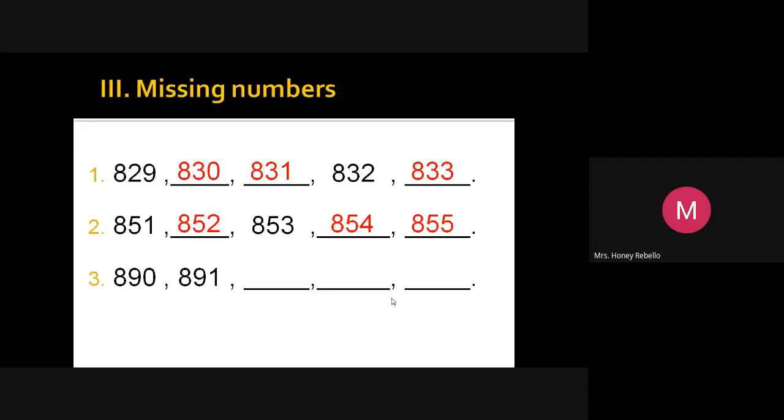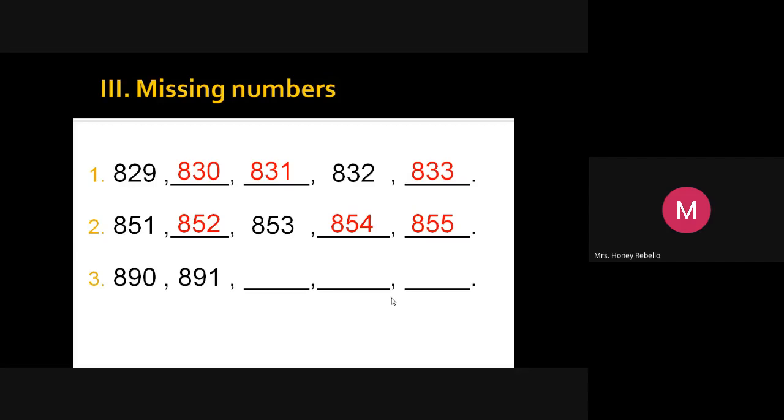Just look at those numbers and write the next numbers. 851, 852, 853, 854, 855. When you write these numbers, say in your mind and write.